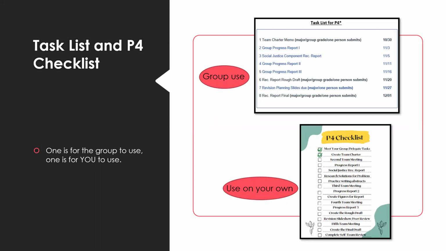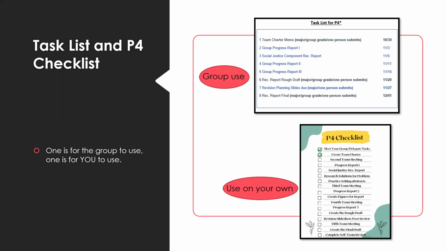Additionally, the task list is for group meetings and should be referred to with your group. As an individual, if you'd like to know all the minor and major aspects of P4, access the P4 checklist in the module. Use it to guide yourself through the project. Check off each milestone and eventually you'll complete the list.